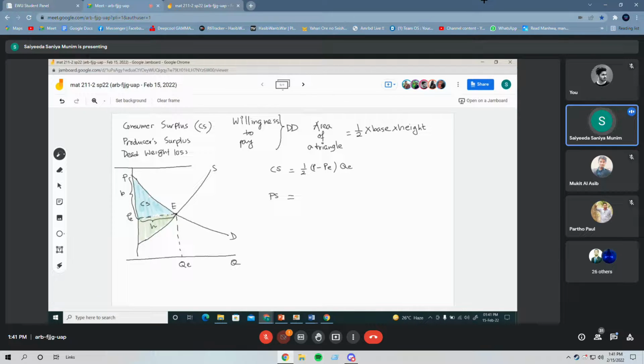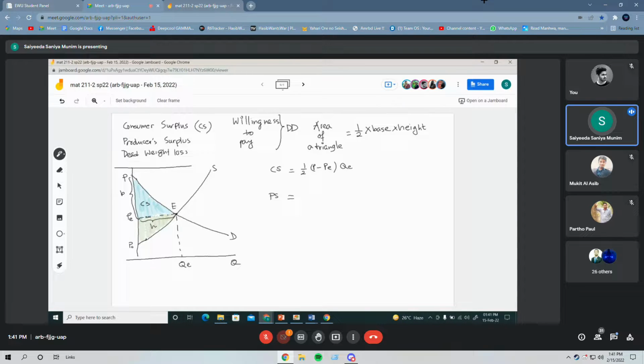The supply curve also represents the marginal cost, if you can recall from Eco 101. So for each unit, the marginal cost is here, but he receives a price over here. This gap is profit, or the producer surplus.